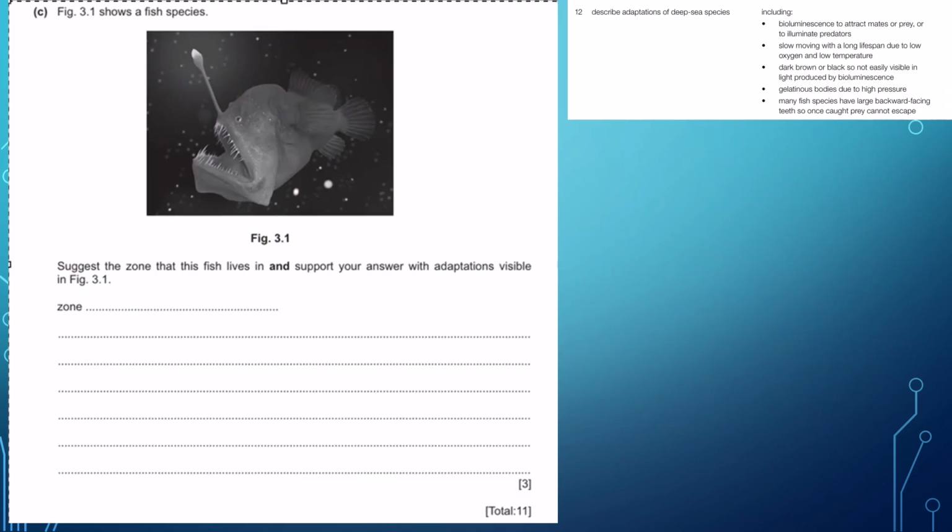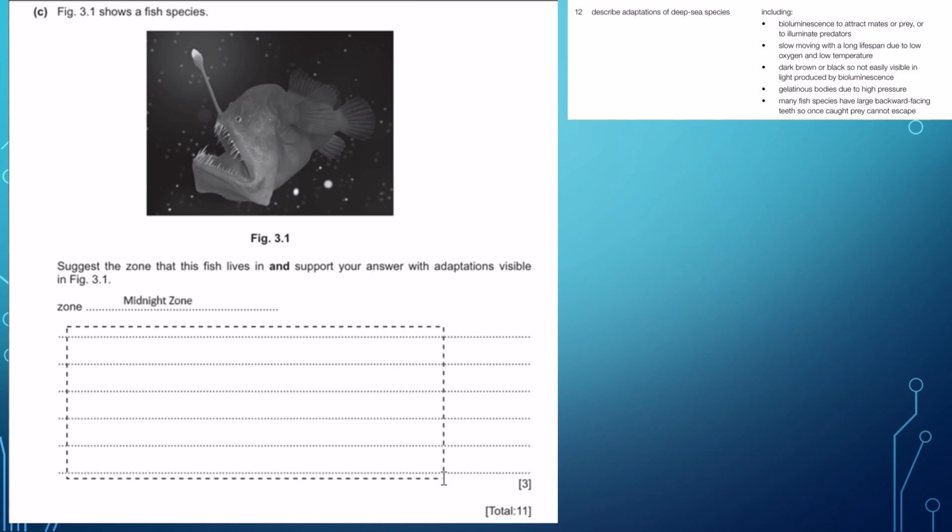So this question here shows us a fish species. And this is actually figure 5.31 from your textbook, the deep sea anglerfish, which is one of the best known fish of the midnight zone. So the first point here comes from saying, yes, this is the midnight zone. And then they ask us, okay, support your answer with adaptations visible in the figure.